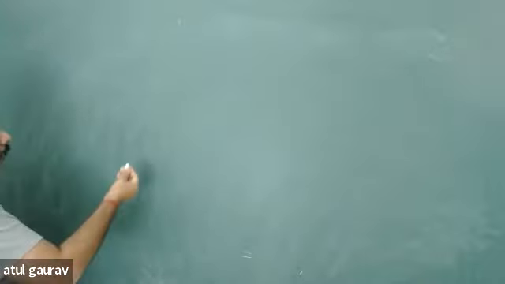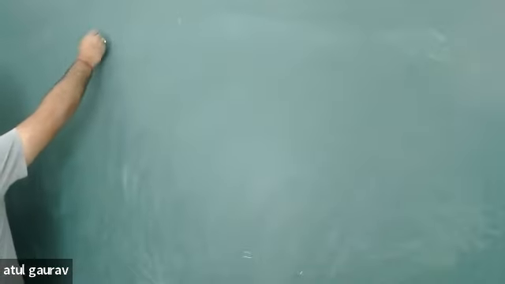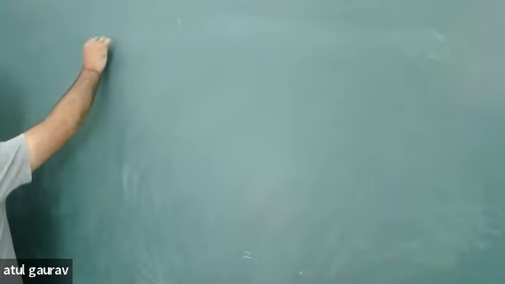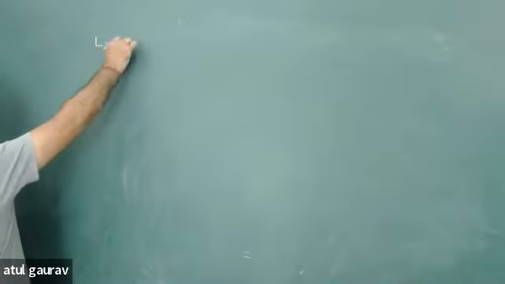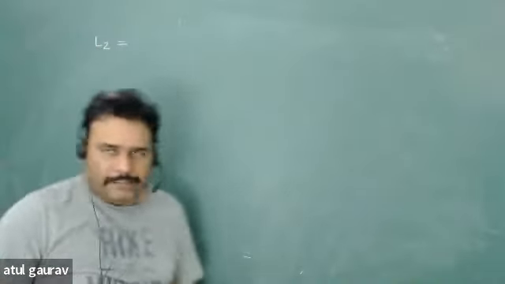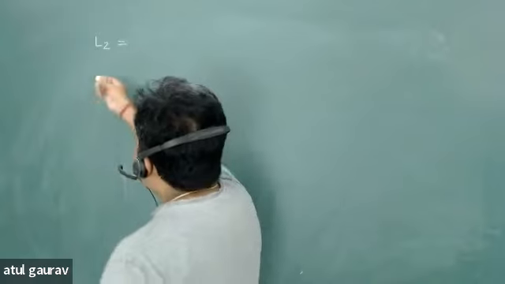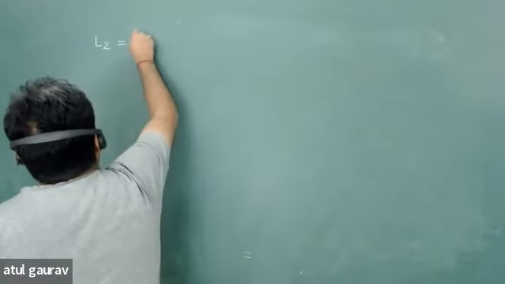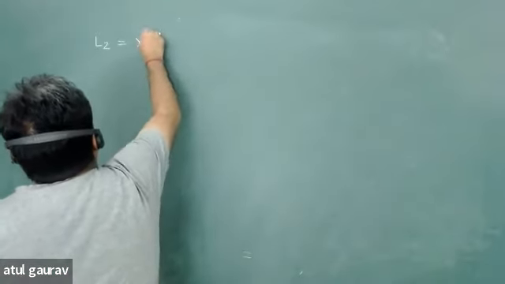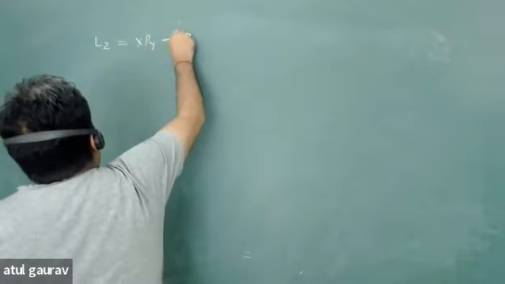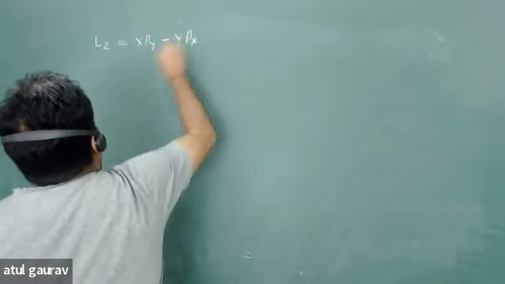Okay. So let us go for the next problem, and you can use this to solve the problem very fast. Suppose there is Lz, let's say the angular momentum in the z direction, where Lz is equal to x py minus y px.